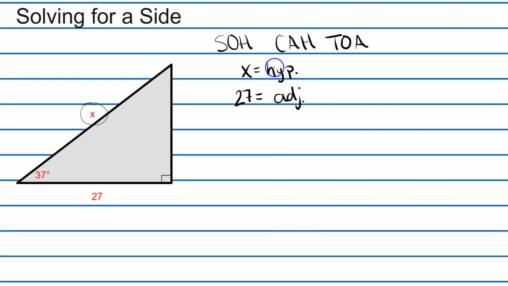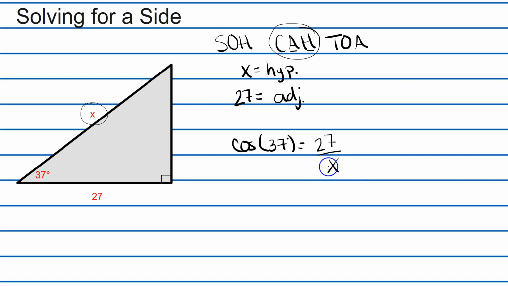So if we have the hypotenuse and adjacent, we know we're going to be dealing with cosine. Adjacent and hypotenuse. So I'm going to say cosine this time, 37 degrees is equal to the adjacent, which is 27, divided by the hypotenuse, which is x.